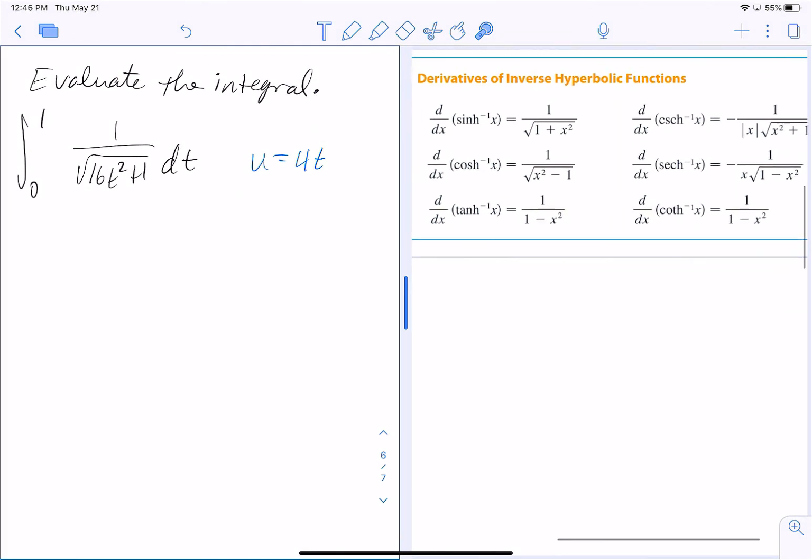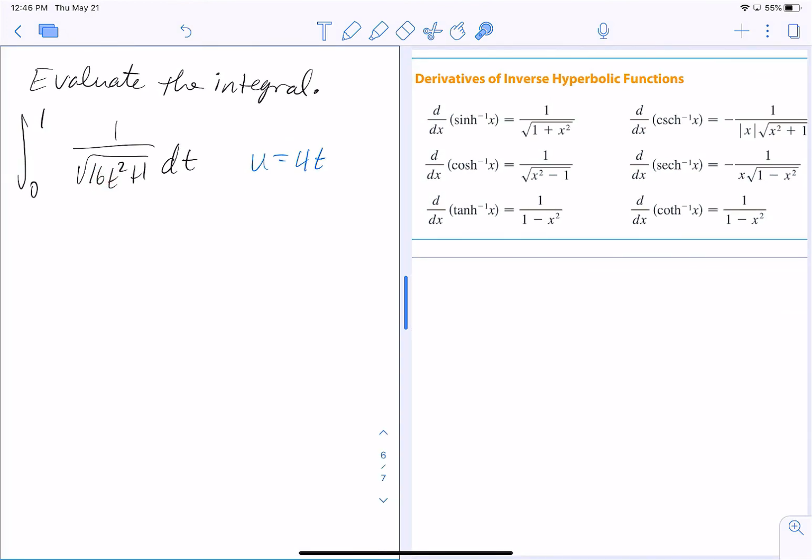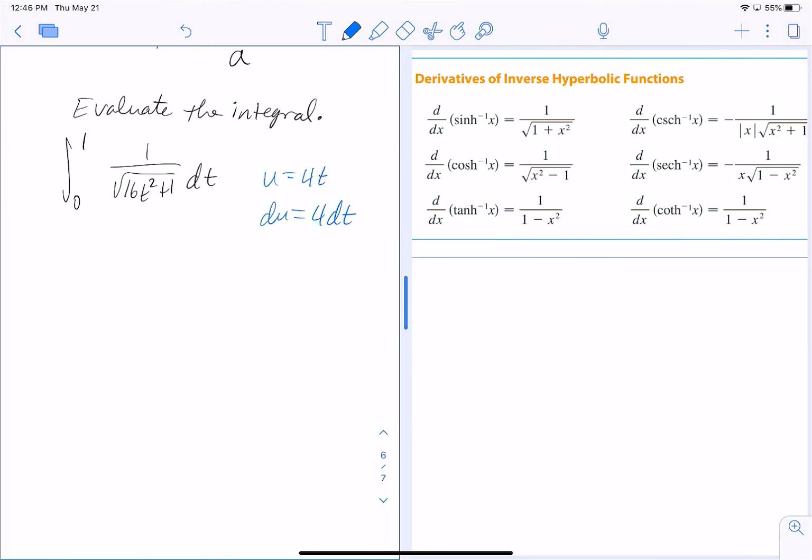Because here, for the inverse hyperbolic sine function, its derivative is 1 over the square root of 1 plus x squared. So this x squared is going to be represented by a u squared. Therefore, u has to equal 4t. So du is 4 dt, and we're going to multiply and divide by 4.